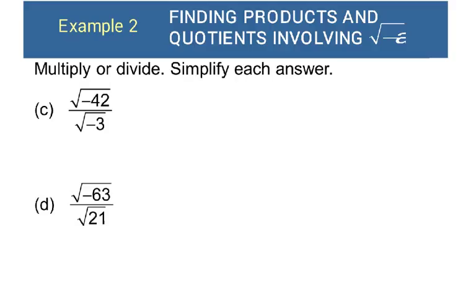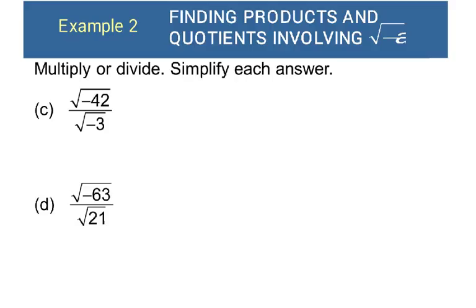That's the whole point of simplifying fractions that are complex or imaginary, is to get that complex number out of the denominator. And the way we're going to do that is by multiplying both numerator and denominator by what is in our denominator. That's the usual steps.